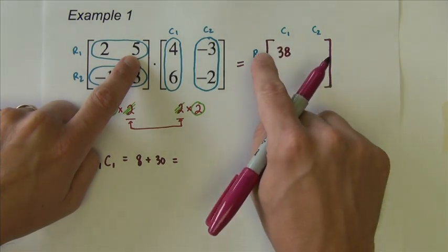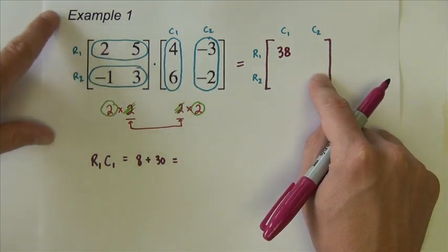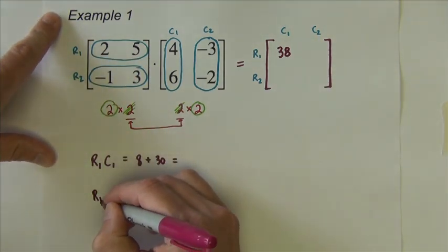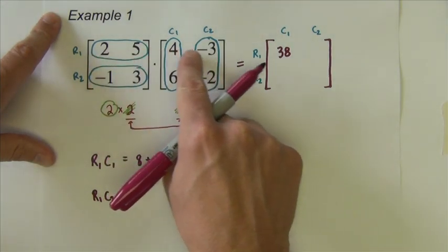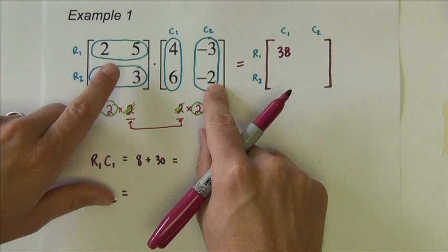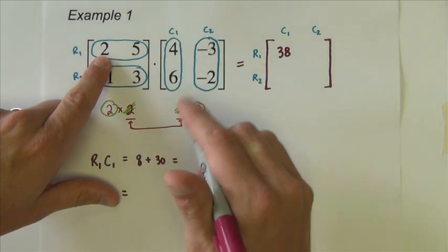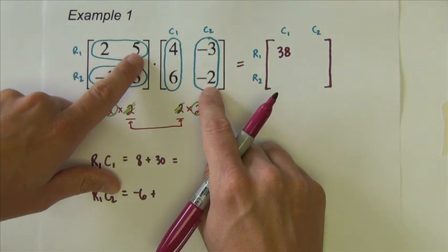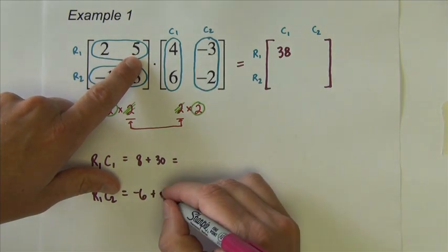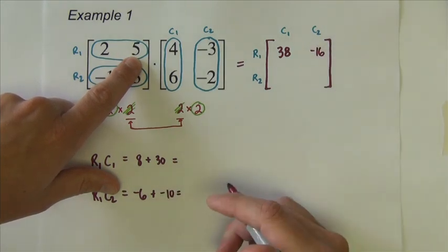Now let's stay in row 1 and multiply it by column 2. So that's the first row, second column. I start by taking the first number of each and multiply those together. It's -6. And I take the second numbers and multiply together. Those are -10. That's -16.